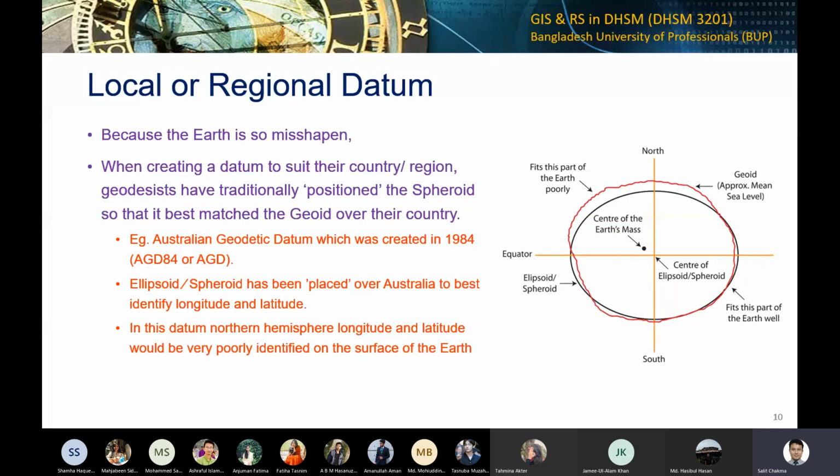So if we look into the examples of Australia, or examples of the southern hemisphere, you will find that when we try to draw a spheroid which matches the surface of Australia or the southern region, it significantly mismatches for the northern hemisphere.